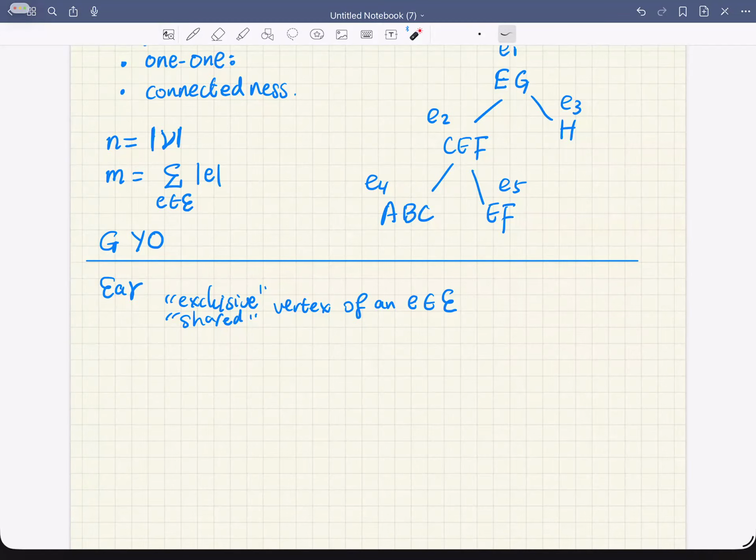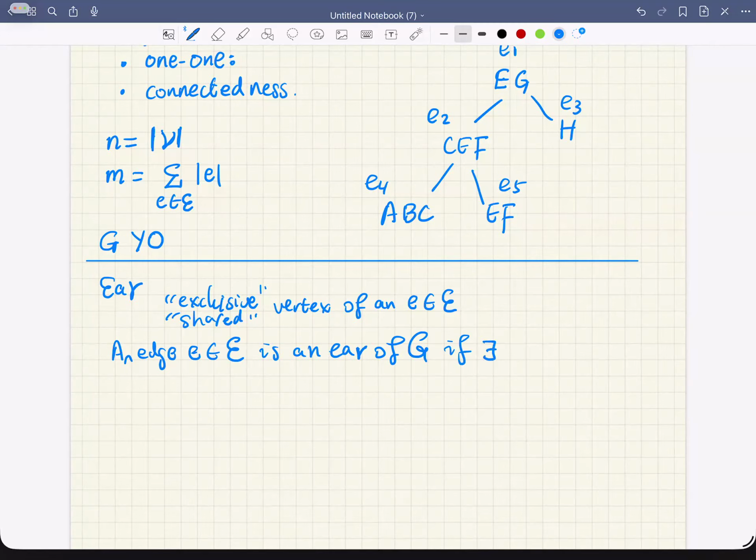Now ear. So a hyperedge. Sometimes I just say edge for convenience. An edge E is an ear of G, after all we're talking about a hypergraph here, if there exists a so-called witness, I'll bring out the name later, let's say E wit.